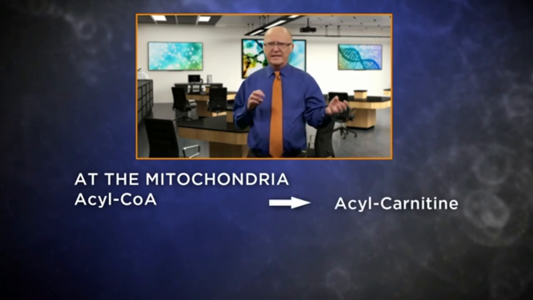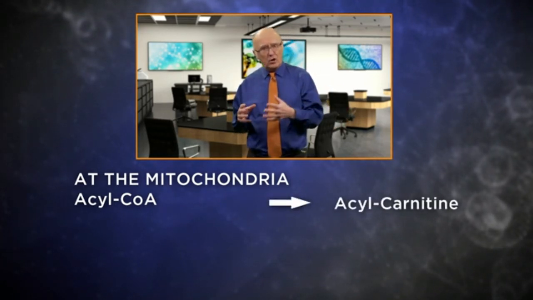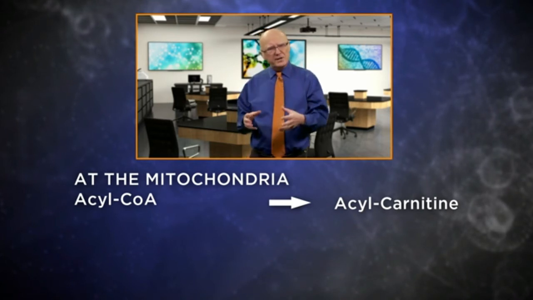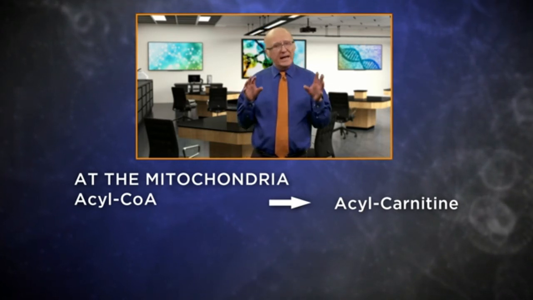So let's follow what happens there. Upon arrival at the mitochondria, acyl-CoAs bearing fatty acid chains of up to about 20 carbons swap out their CoA for a molecule called carnitine to create acylcarnitine. Now this switching of partners is temporary.